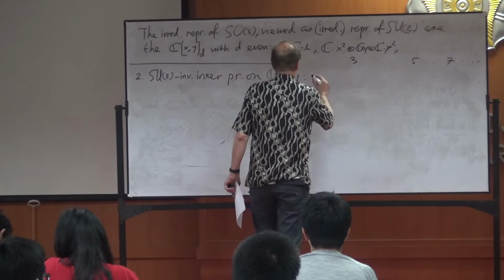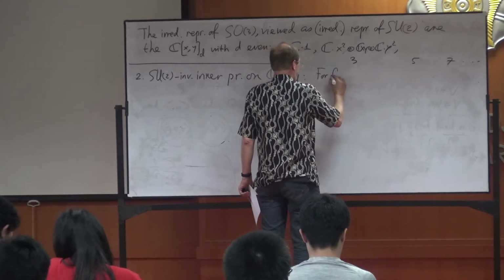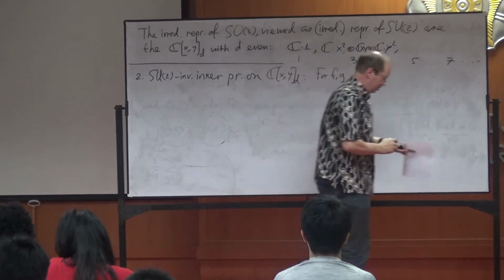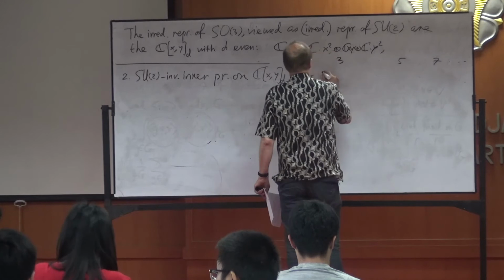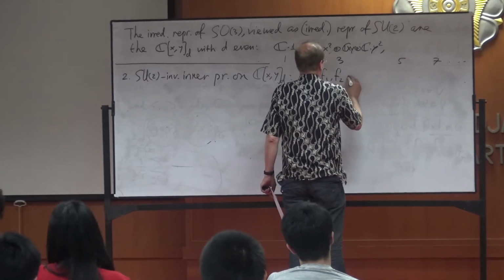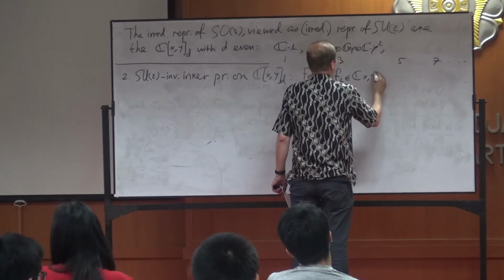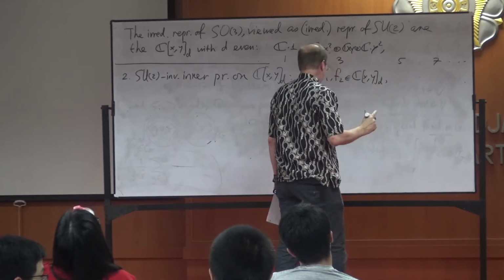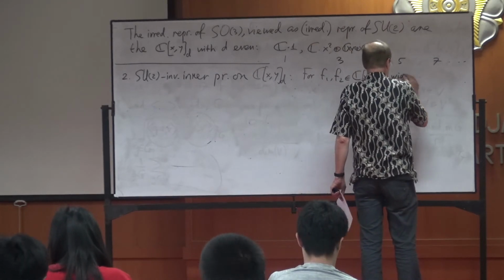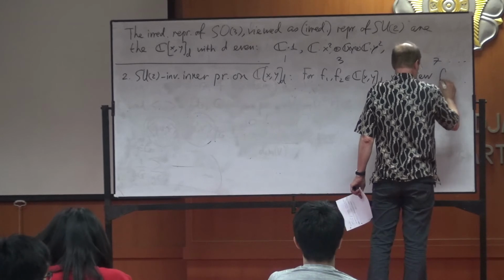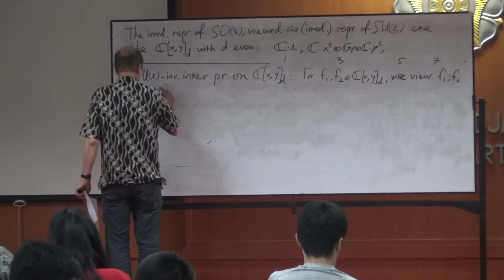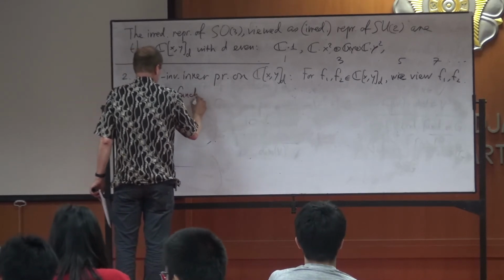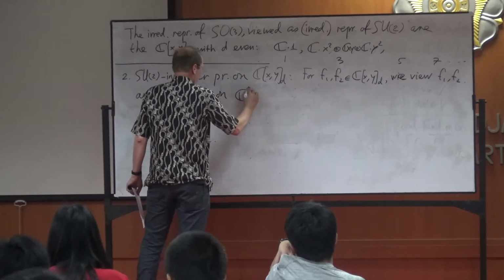Suppose I have F1 and F2 in C[x,y]_d, say, we view F1 and F2 as polynomial functions on C2, right?